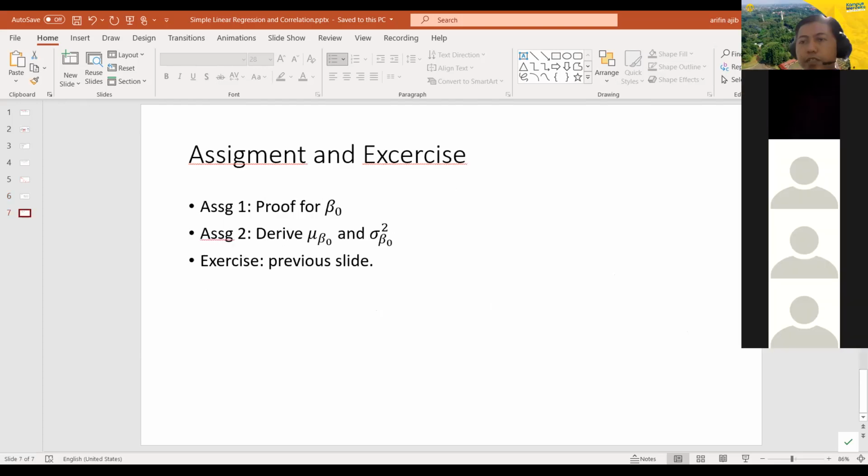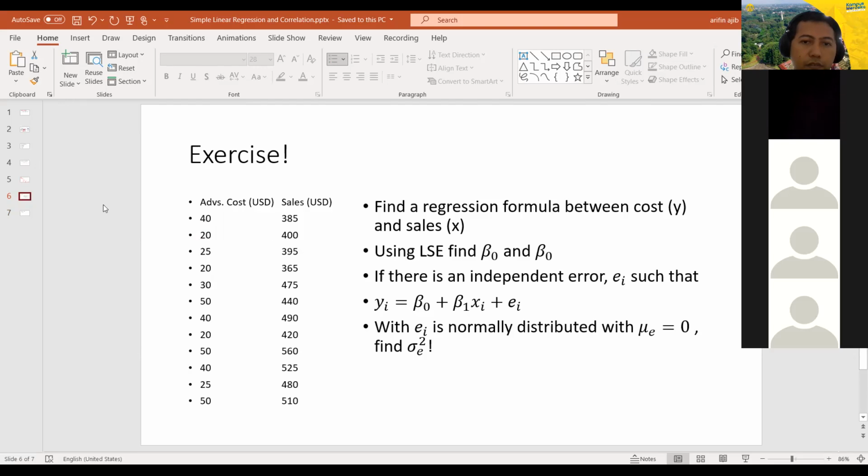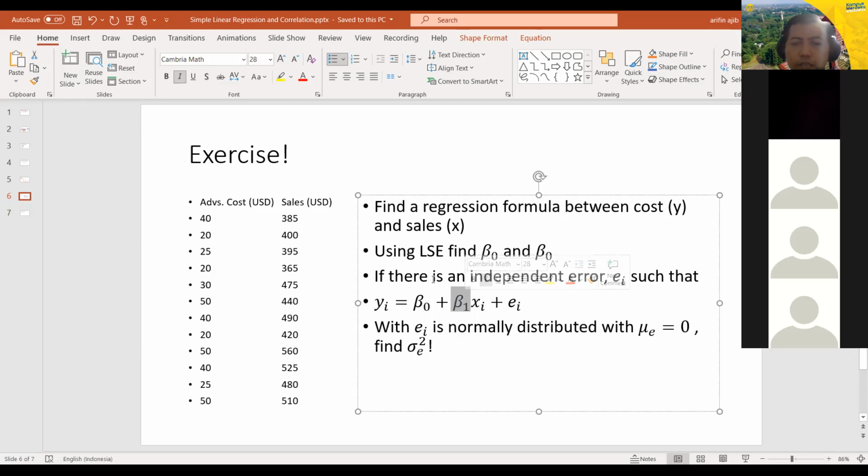Sir, I have a question. Yes, please. For the value of beta 0 and beta 1, is it equal for the linear regression with independent error and without independent error, or is there any difference? The beta 1 here will be different from the beta 1 here, because using LSE there is no independent error.